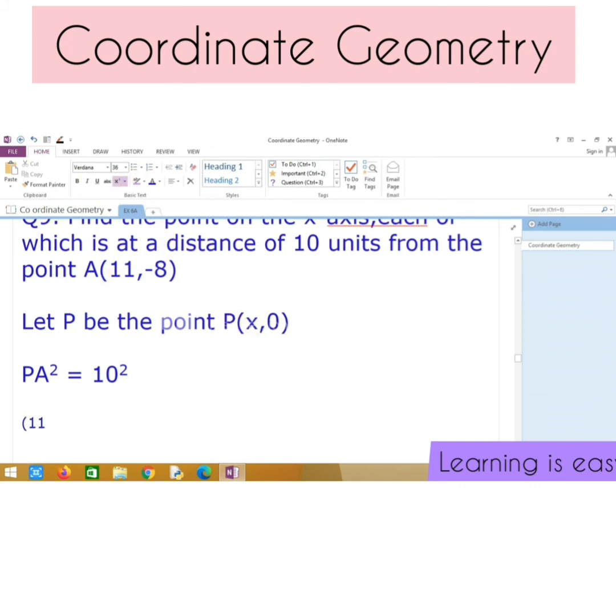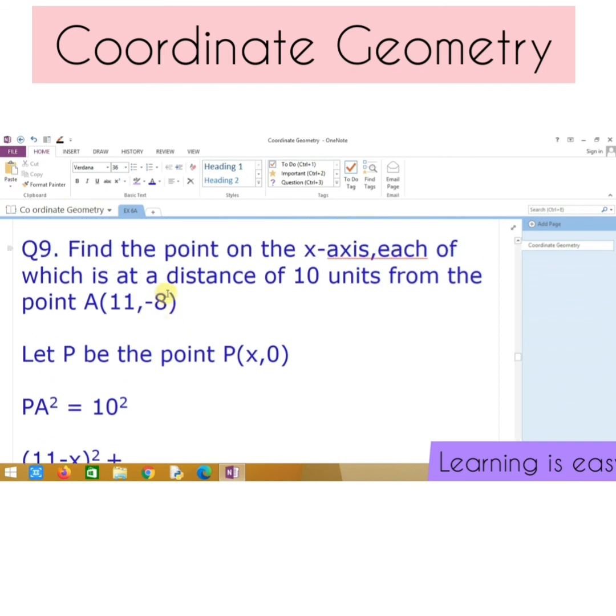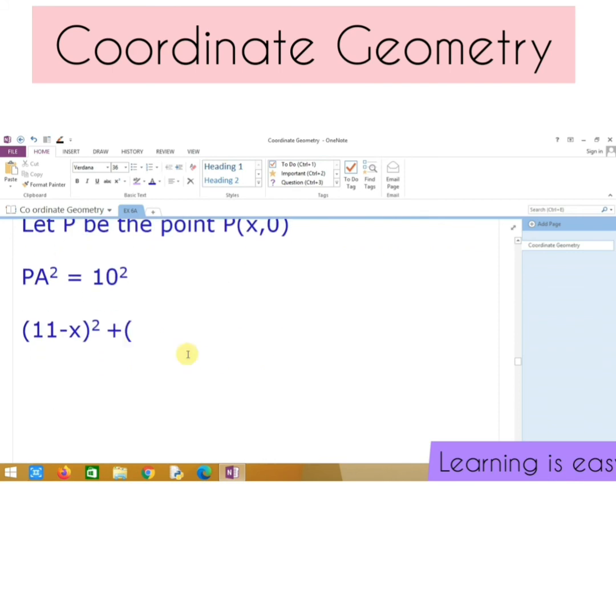So 11 minus x whole square plus minus 8 minus 0 whole square, or just minus 8 whole square, equal to 100.